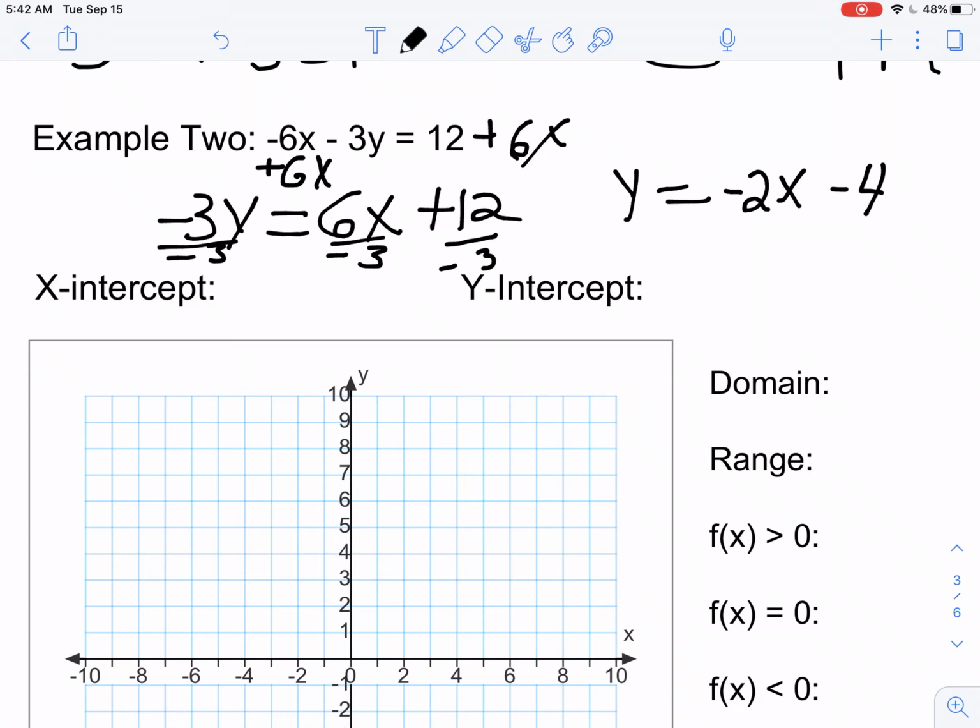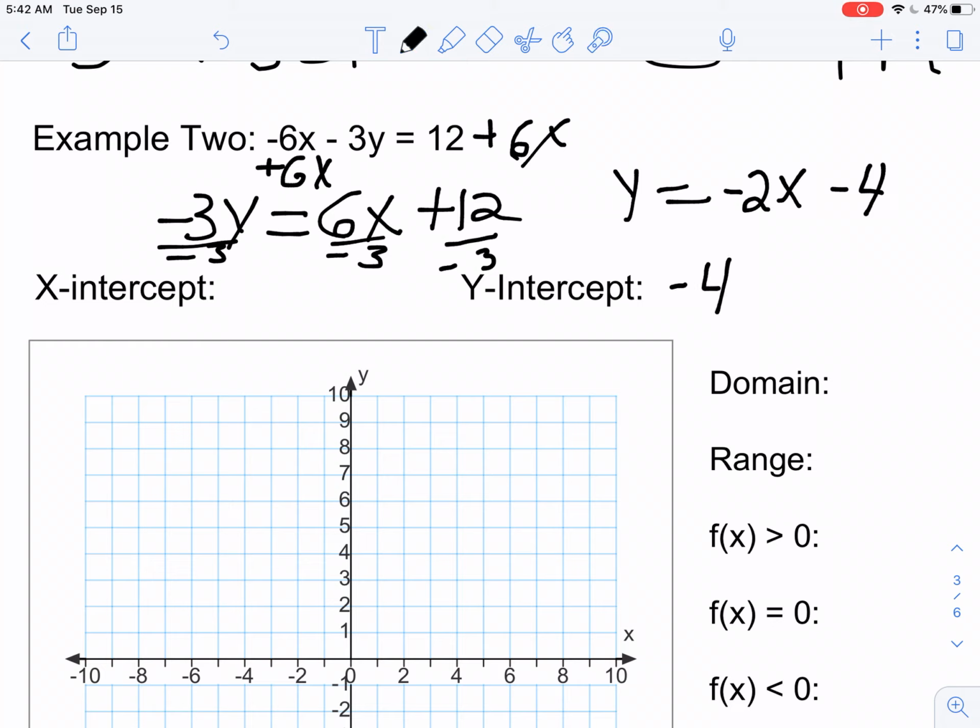Alright, so now I want you to find the x and y intercepts based on the equation we just found. We know our y-intercept because it's in slope-intercept form, and we know that the b is our y-intercept. So this negative 4 is going to be our y-intercept.